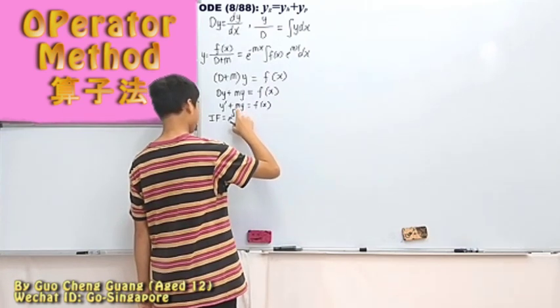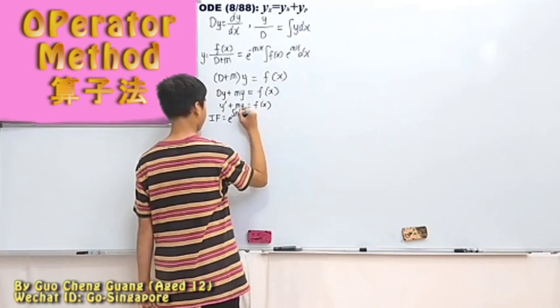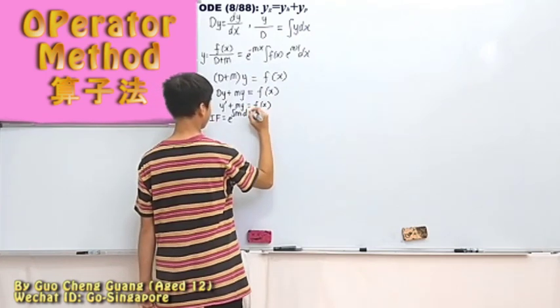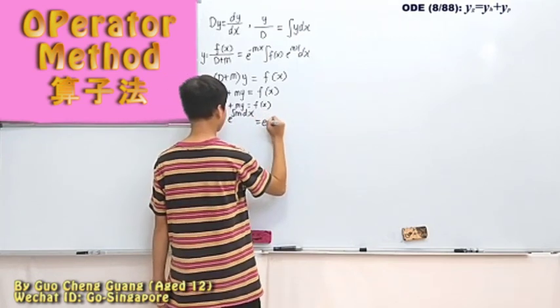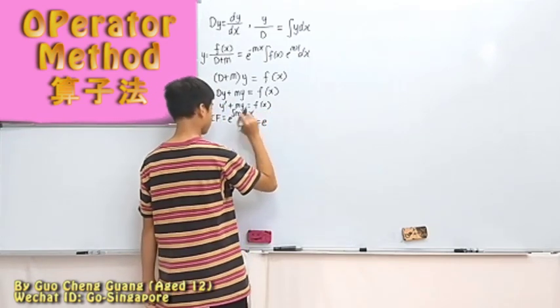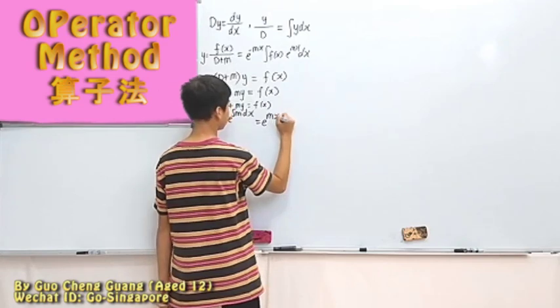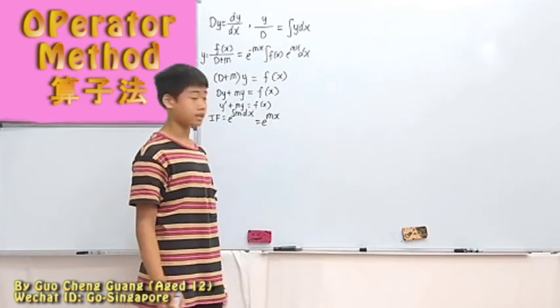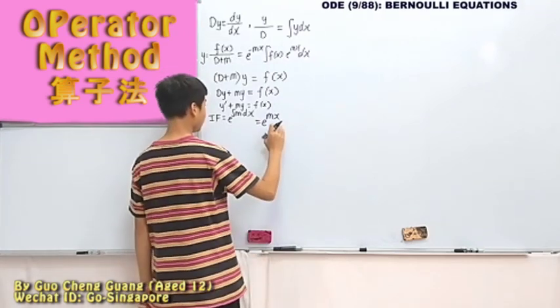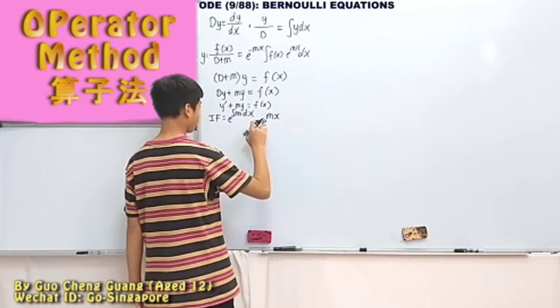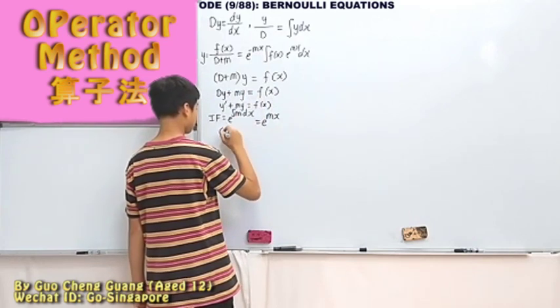So p(x) now is an m. So you have m, then dx. So what you're going to get will be e to the power of, since m is a constant, m doesn't change, and it directly times x. So it is e to the power of mx. The integrating factor, we times it on both sides.